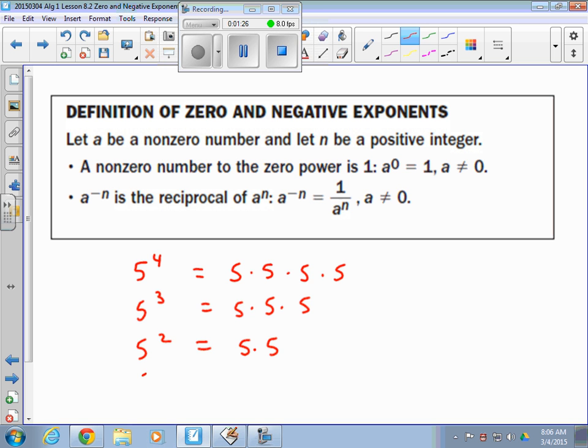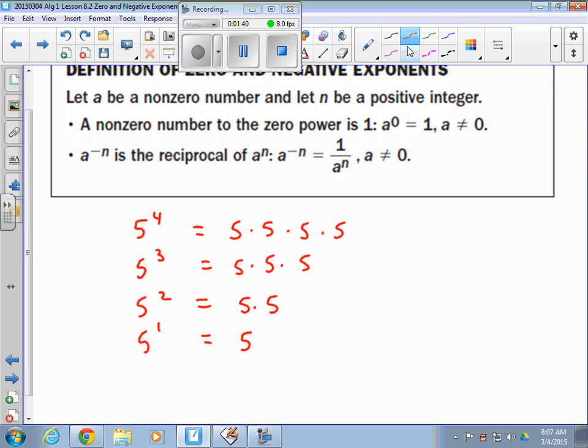And 5 to the 1st power, you never write that, but it just means 5 times itself 1 time. Most people understand that. When 0 comes in as an exponent, the answer is going to be 1.